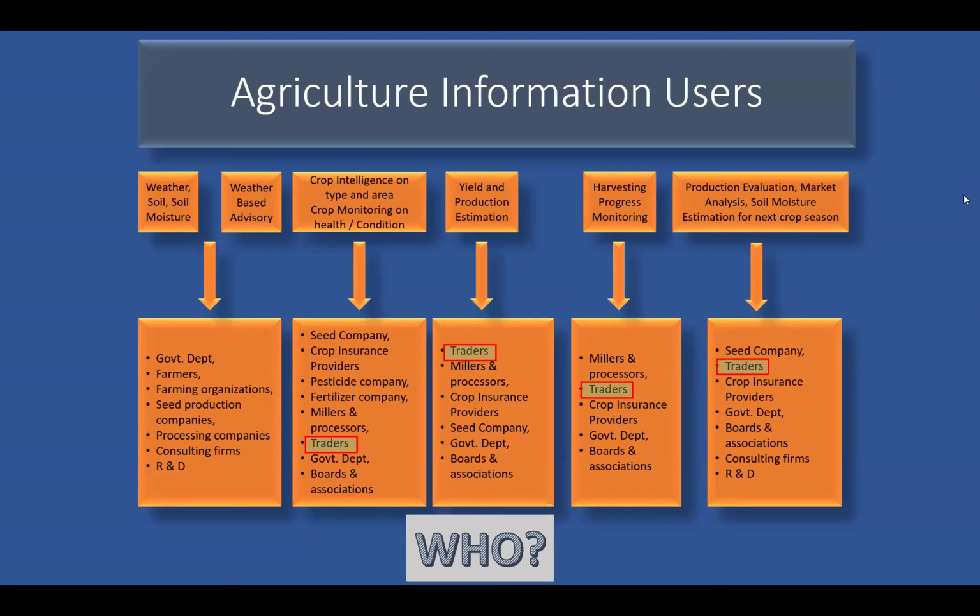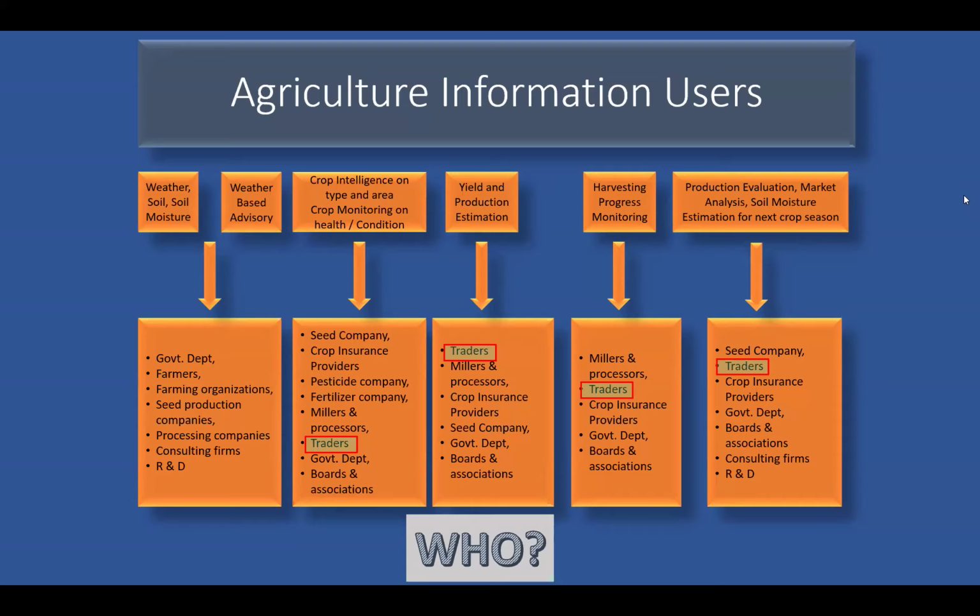Then if yield and production can be estimated well before the harvest, so that they know how much produce will come, they can plan their procurement. Also harvest monitoring: how the harvesting is happening, where it has started, where it is yet to start, where it has matured. So which mandi the product will come to, they can do their planning.